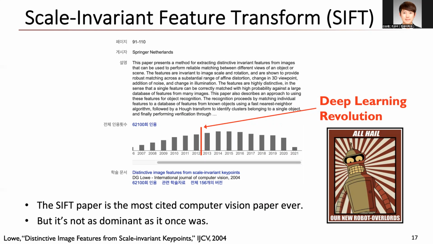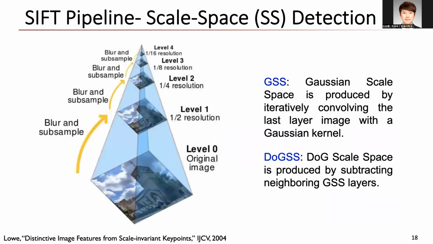That proves the importance of image matching in computer vision applications. After the deep learning revolution, the number of citations decreased slightly, but even in the modern computer vision field, this SIFT paper definitely affects many papers on image matching. Anyway, this is the SIFT paper.